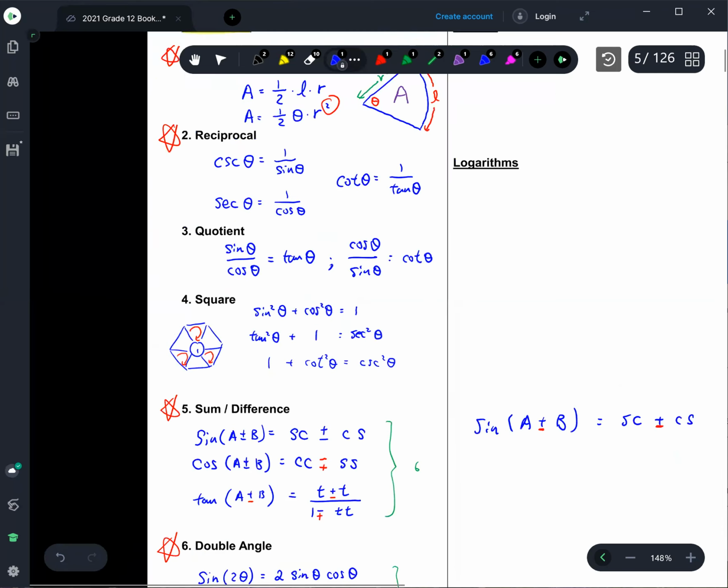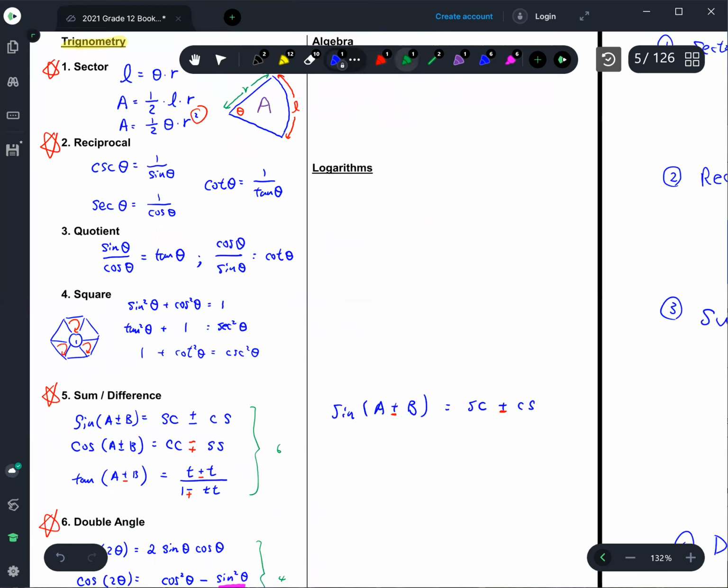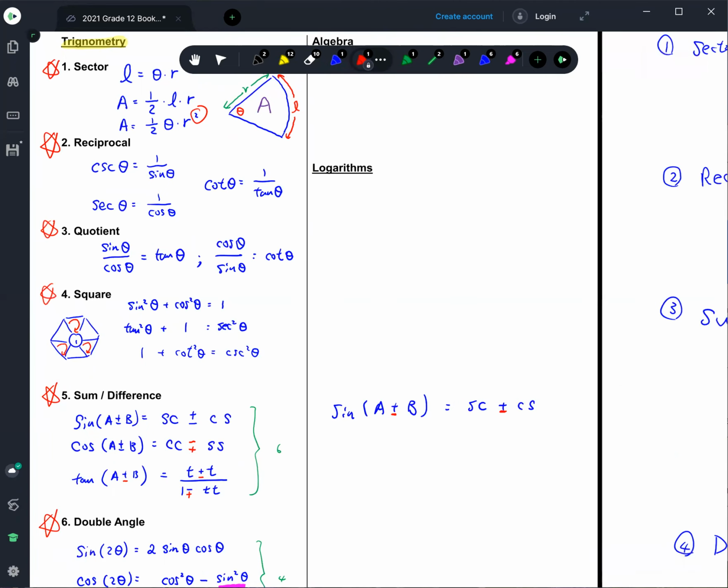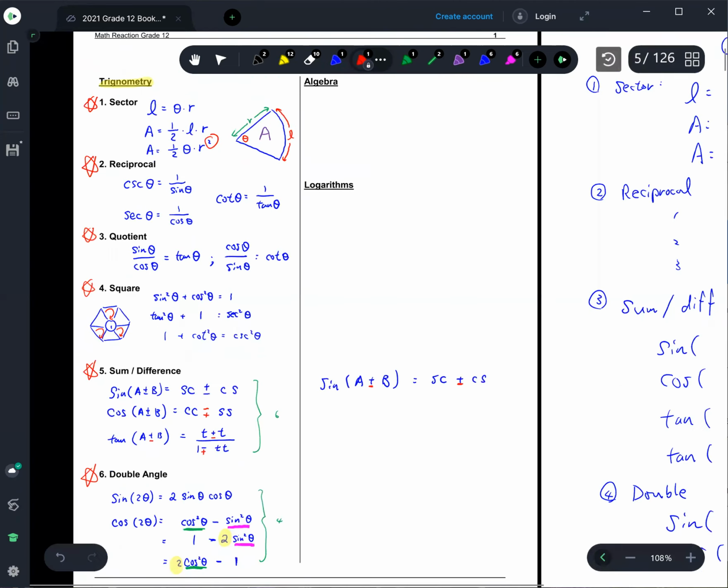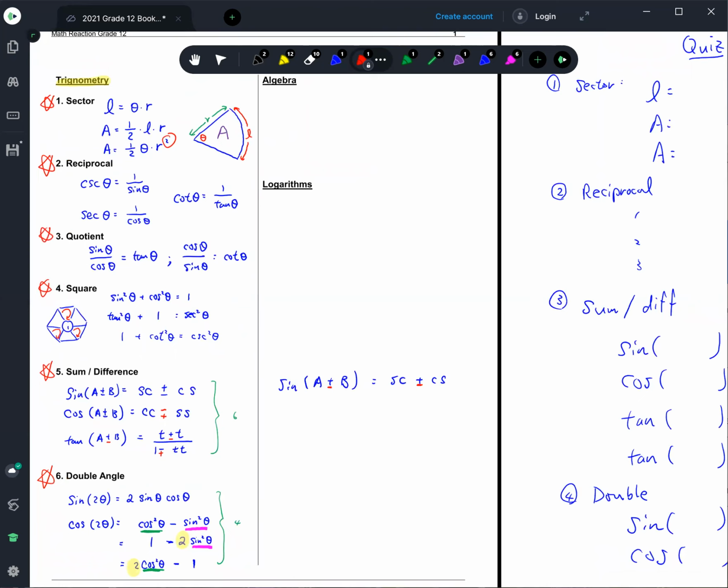Okay, these two groups, you'll add to your list. Next week, when you come into class, we'll do this quiz again. So basically, you need to write out everything on the left side.